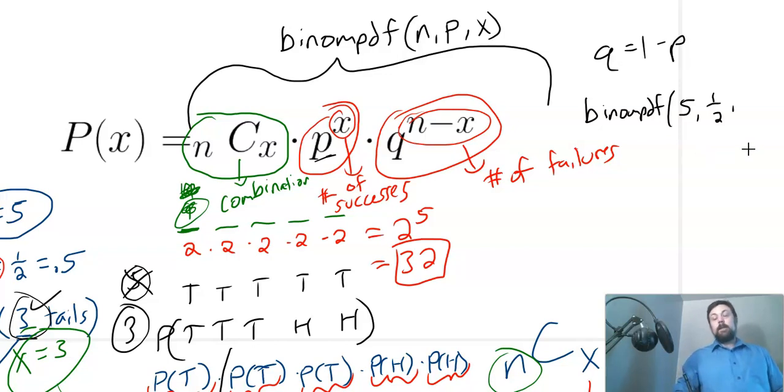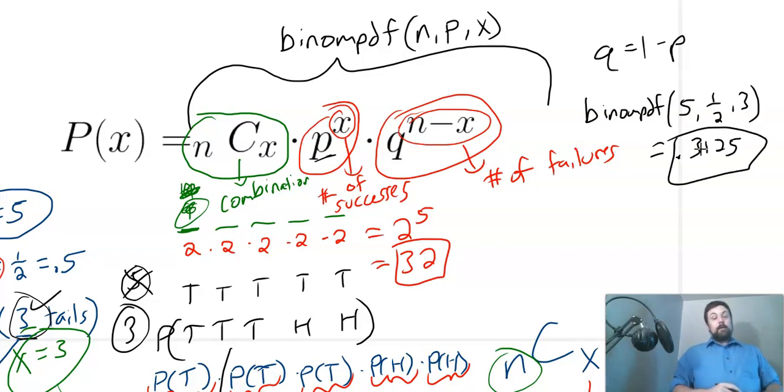So 1/2 chance of getting tails. And then I wanted 3 tails. I wanted 3 successes out of those 5 coin flips. Let's just make sure I did the problem right. So 5, comma, 1/2, comma, 3. And I got the same answer. It comes out as 0.3125, just like we got before. All right. And so that's what you would do on your calculator to get the same result.